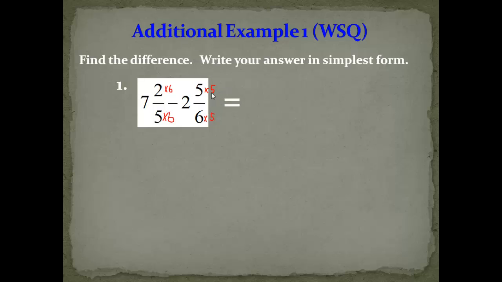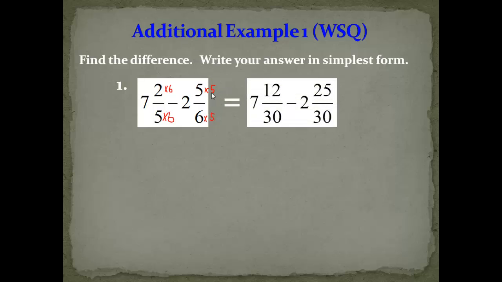And when we do this, we're going to get 7 12/30 minus 2 25/30. We cannot subtract 12/30 minus 25/30, so we need to borrow. The 7 is going to become a 6, and in this problem we're working with 30ths, so one whole would be equal to 30/30.